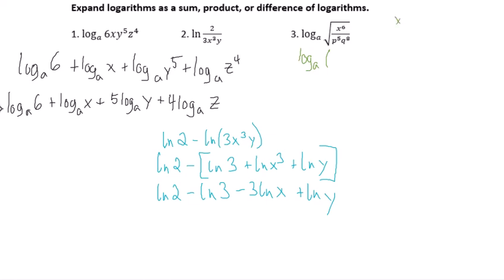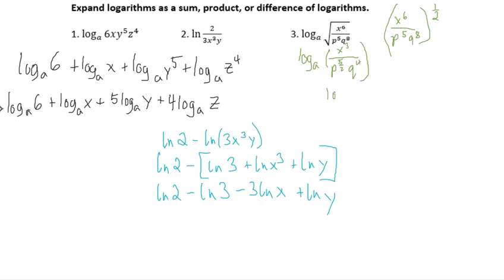So that's x to the 6th, p to the 5th, q to the 8th, and all of that is to the half, which we can apply that half to the 6th. So that becomes x to the 3rd over p to the 5 over 2 and q to the 4.